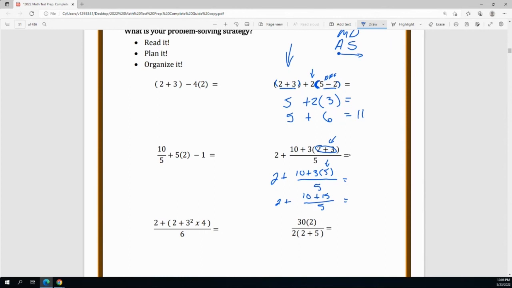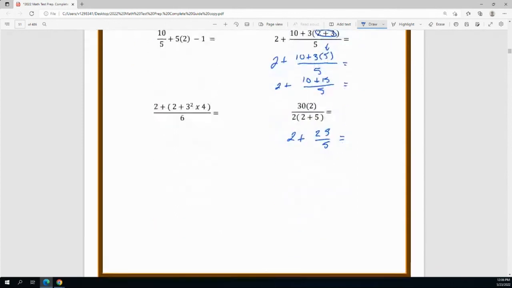Again, we still have to finish the numerator, which is 10 plus 15. So I would next have 2 plus 25 divided by 5. And again, I still have to finish the division before I can add. So 25 divided by 5 is 5. I finally have 2 plus 5. And now I can easily show the answer, 7.